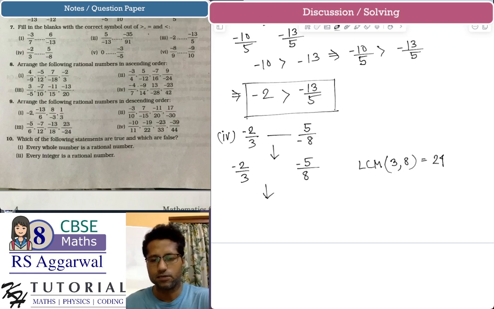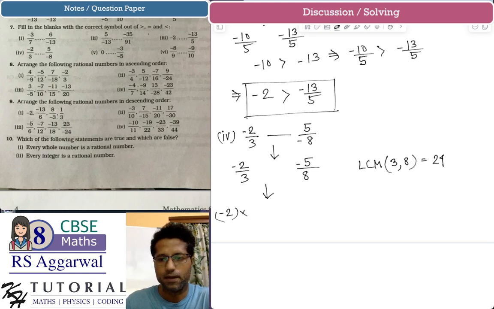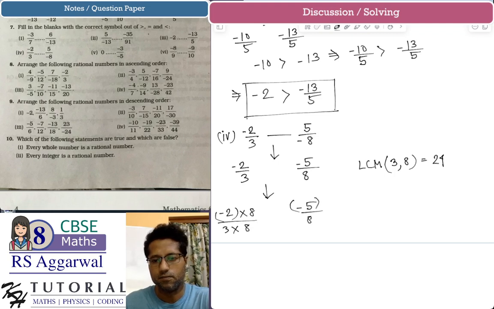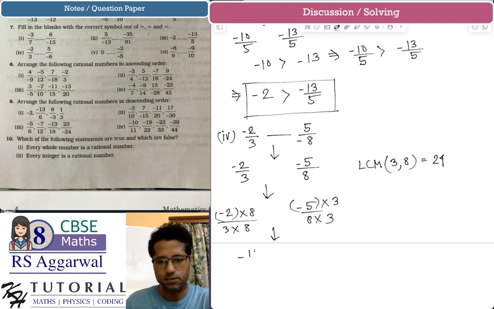So minus 2 will be multiplied with 8 and 3 into 8, and minus 5 by 8, the numerator and the denominator, will be multiplied with 3. So now the rational numbers become minus 16 by 24 and minus 15 by 24.